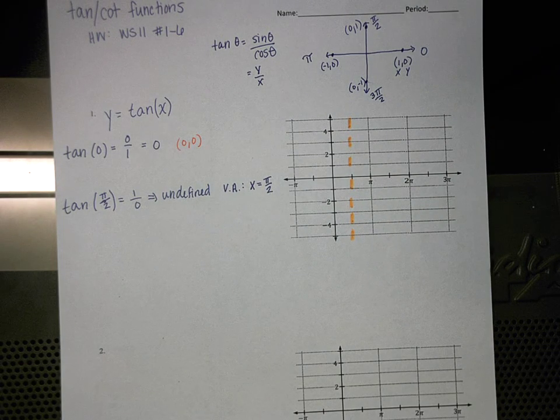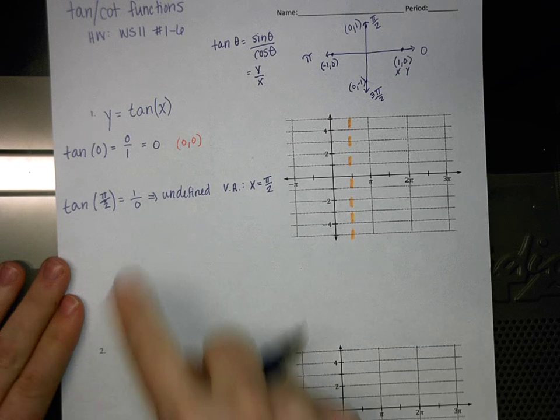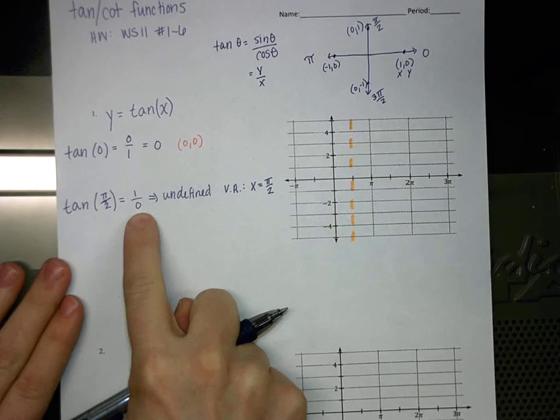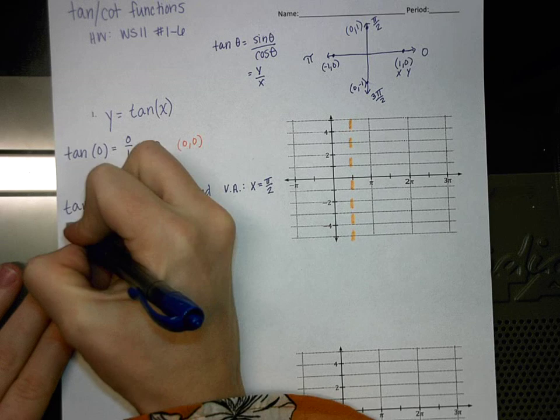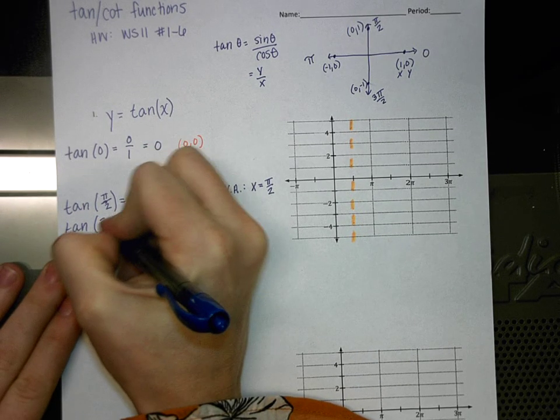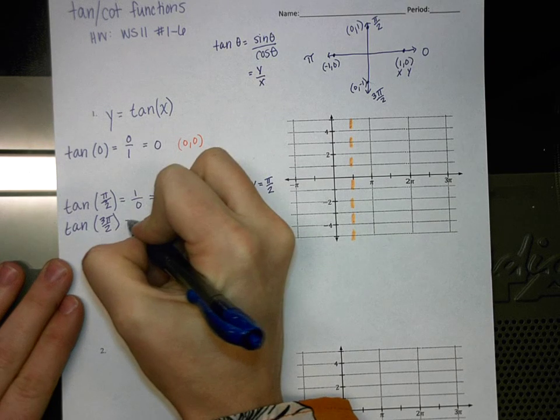Where else would I have a vertical asymptote? Where else is my cosine going to be equal to 0? Three pi over 2. So you'll notice I skipped pi, but we'll go back and do that in a second.